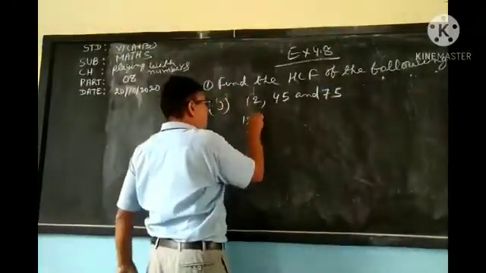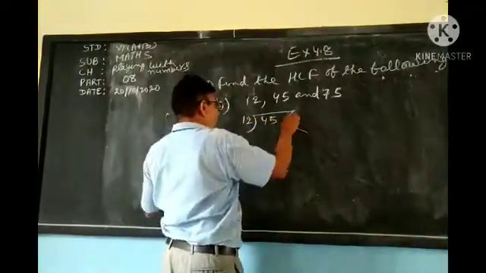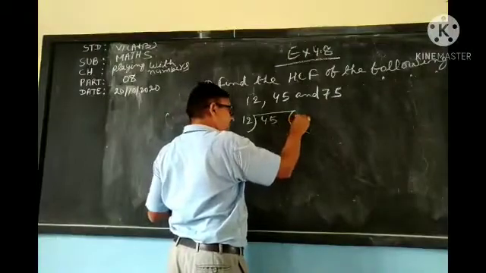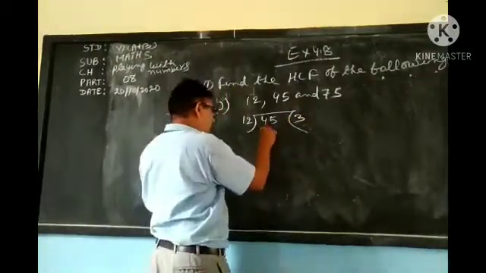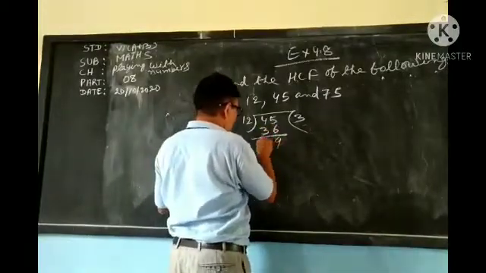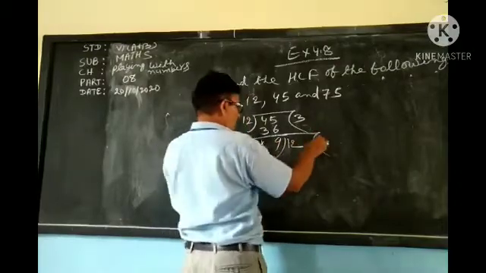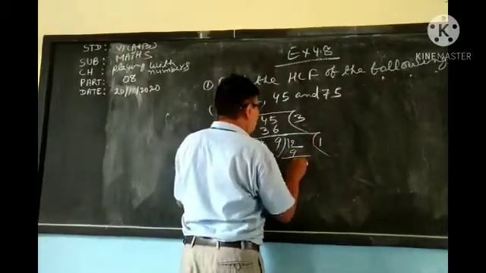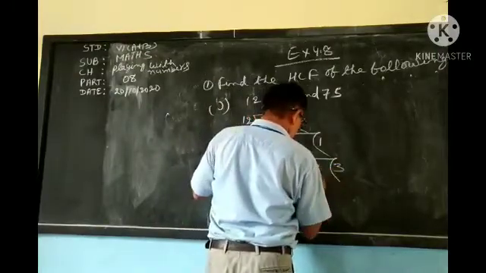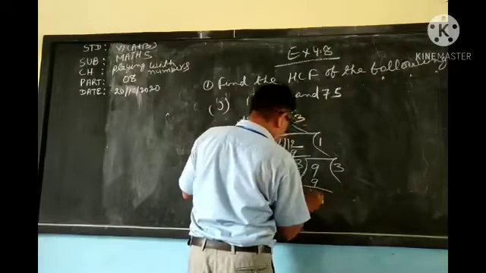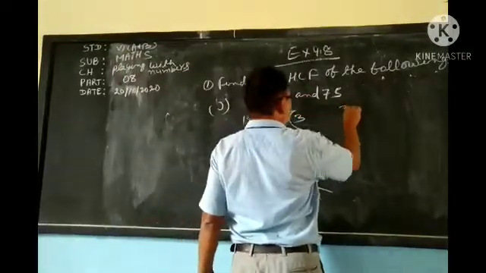12, if you divide 45 by 12, what will come? 3 times 12 is 36, 4 times it will become 48. 45 minus 36 is 9. Now 9 again divide with 12: the remainder is 3. 3 again divide with 9: 3 into 3 is 9. It means now again 3 divides 75.